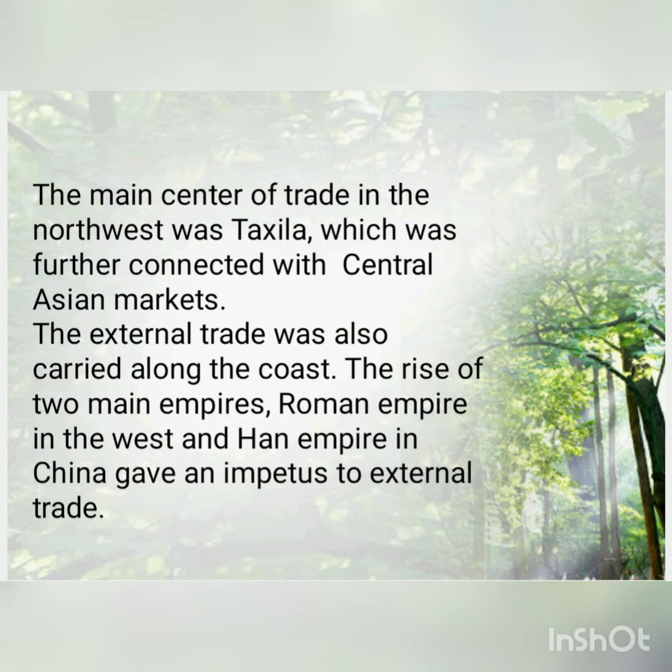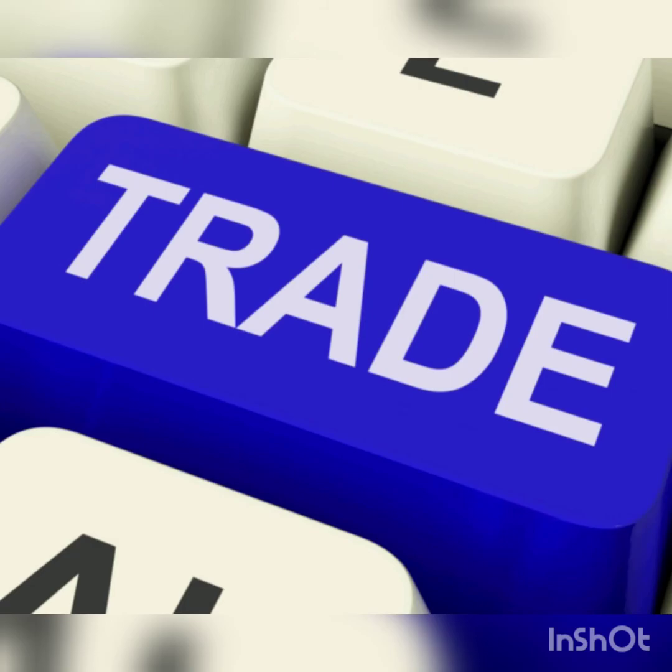The rise of two main empires, the Roman Empire in the west and the Han Empire in China, gave an impetus to external trade, which means the rise of these two empires encouraged more and more trade.